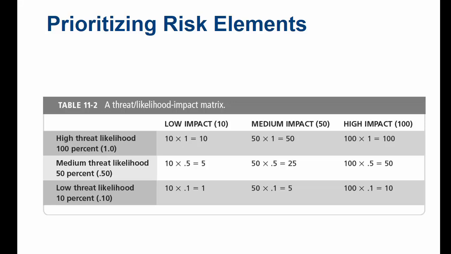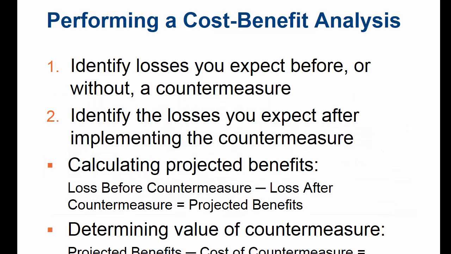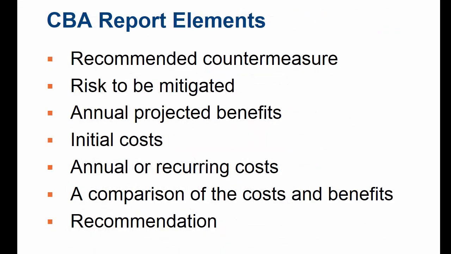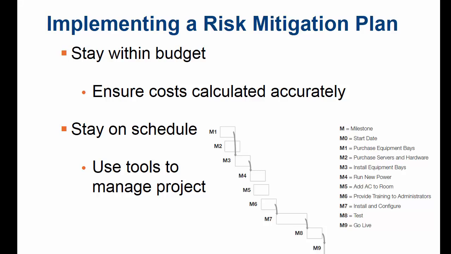It's just a threat likelihood impact matrix. Performing a cost-benefit analysis, we've gone over this in Chapter 10, so I'm not going to beat a dead horse here. It's pretty much the same things.